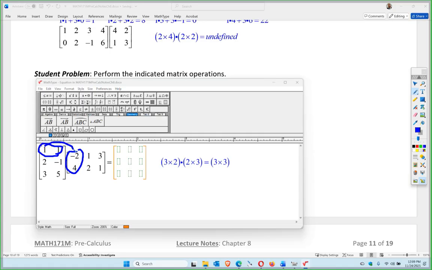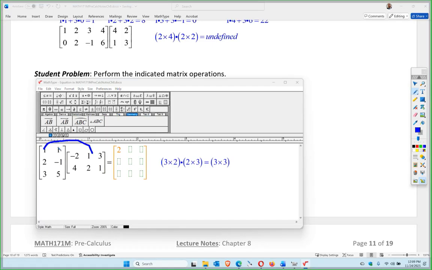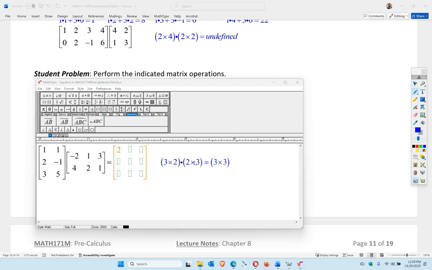That's going to give me negative 2 and 4 for a grand total of 2. Okay. And then this row times this row, so that's 1 times 1, 1 times 2, right? So that's what, 3? When I add them together.